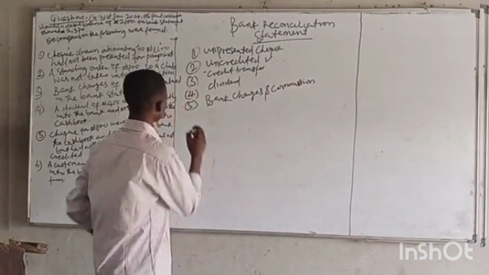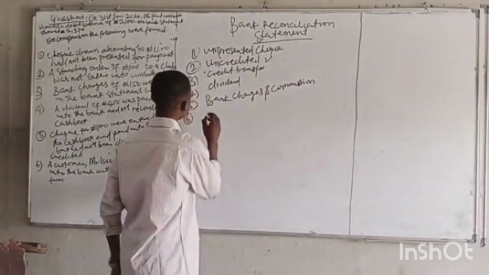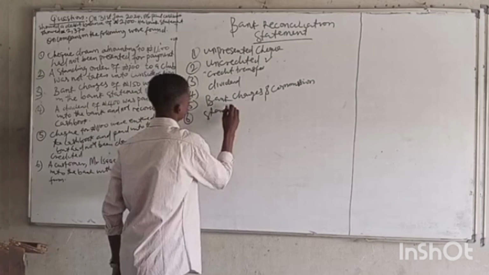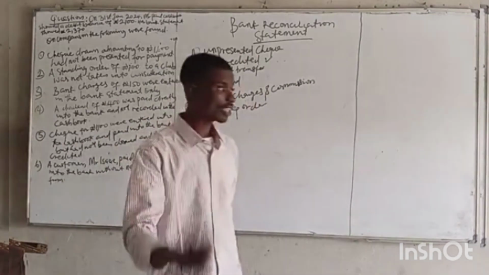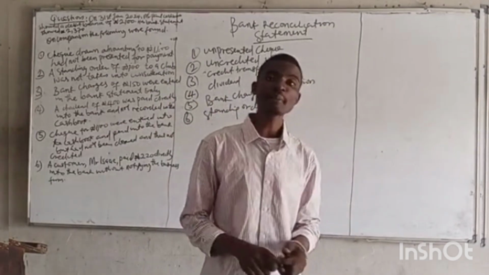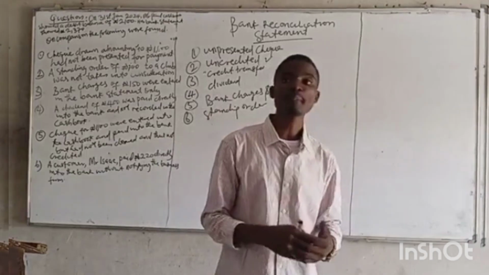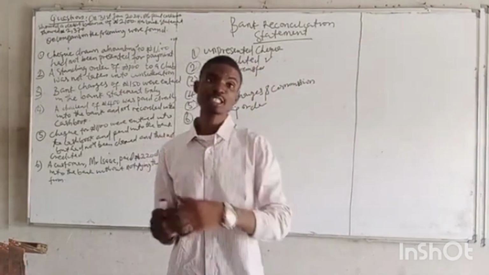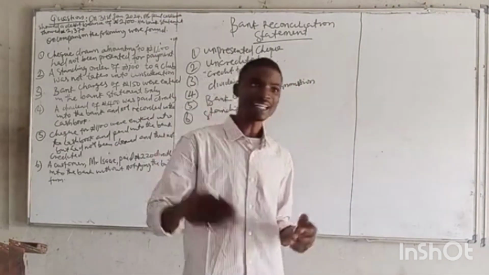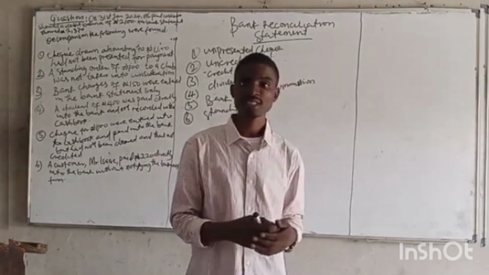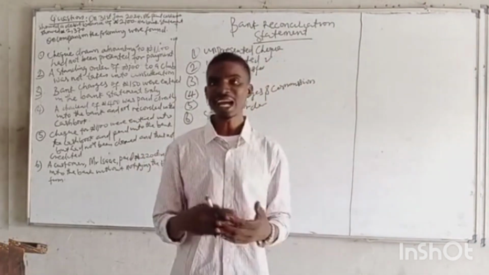That is for this. Another one is what is called standing order. Standing order is a situation whereby a customer of a bank instructs the bank to make an installment payment on his behalf from his bank account.